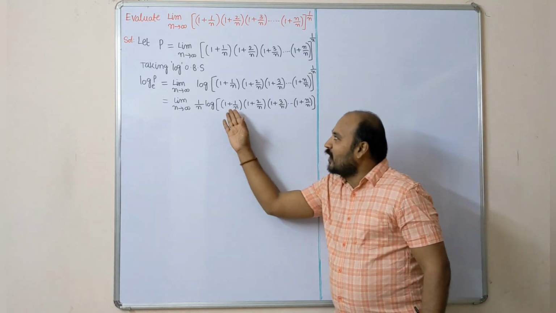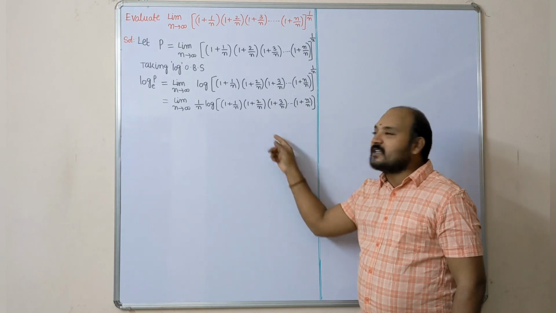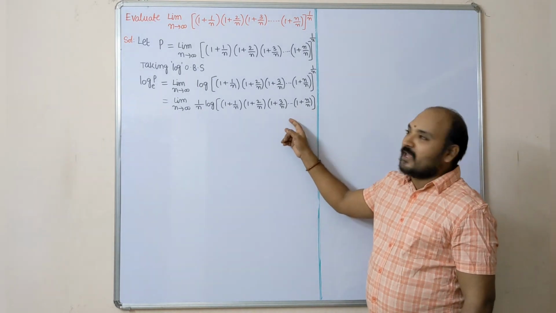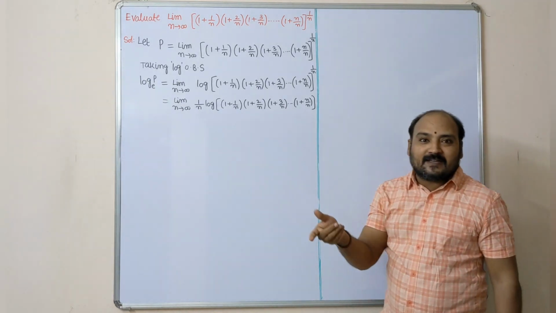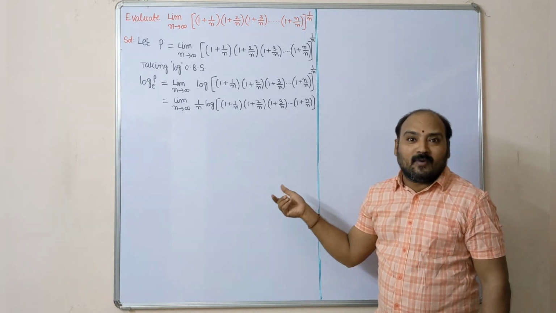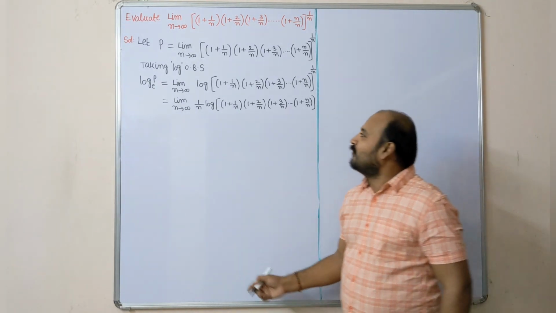Observe, dear students, 1 plus 1 by n, 1 plus 2 by n, 1 plus 3 by n, and so on, 1 plus n by n is there. This product we can write using sigma notation.